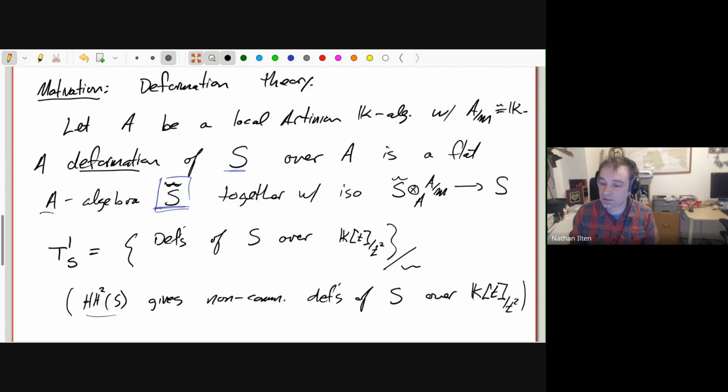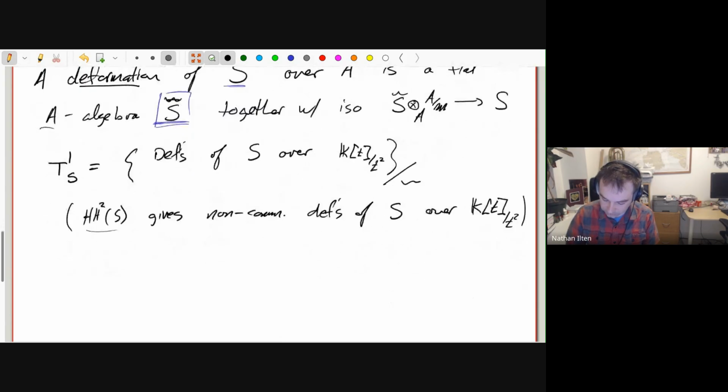Okay, so this is for the first cotangent cohomology module. What about for the second cotangent cohomology module?